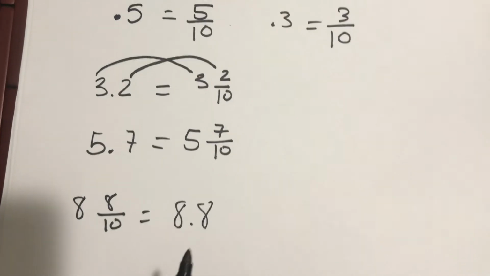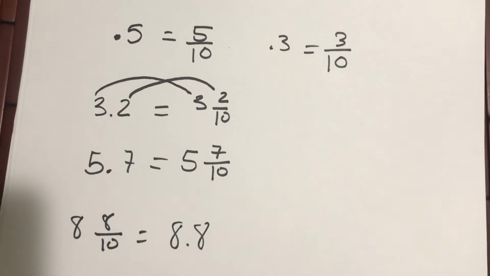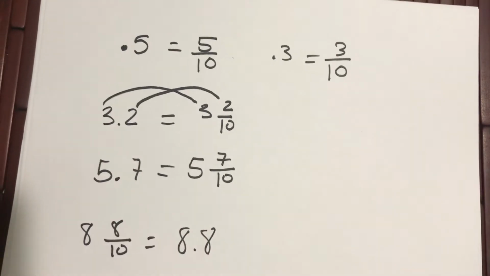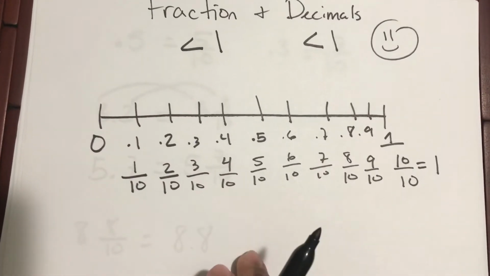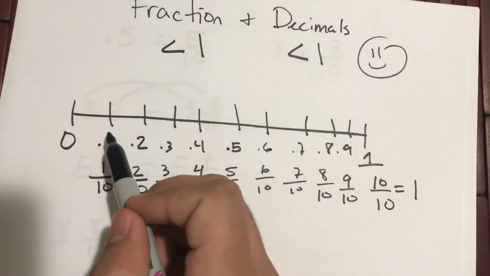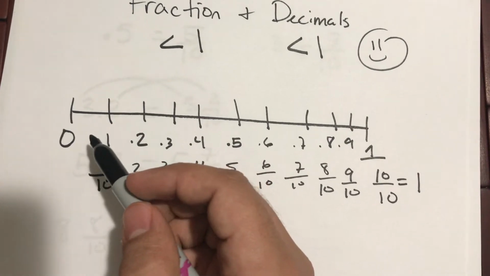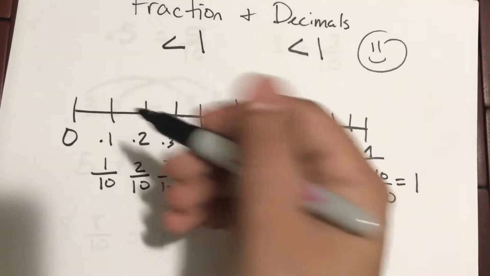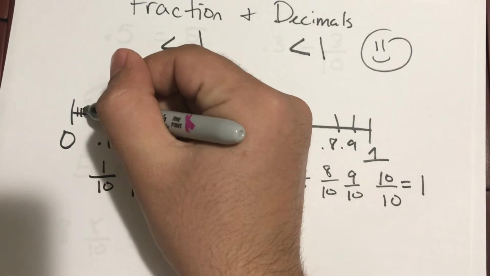And so far I have been talking about tenths and not so much about hundredths. If you guys remember, hundredths are the smaller parts. It's when you take 1/10, and again, going back to the power of 10, you divide 1/10 into 10 parts.